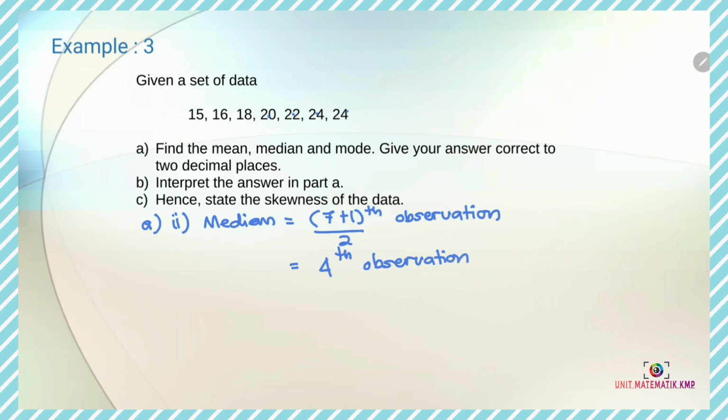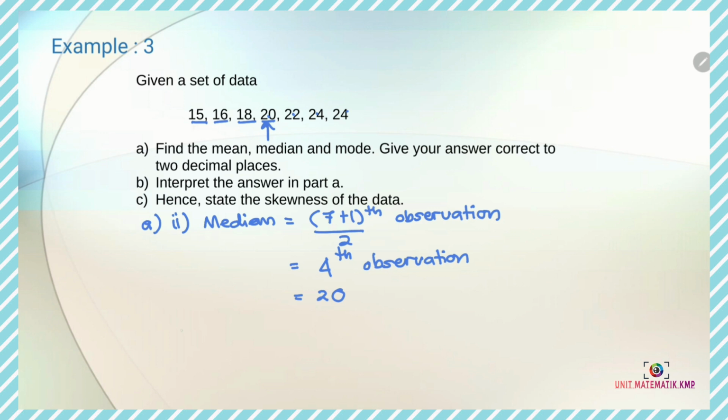And the median is at the 4th observation. And the data given is already arranged in the ascending orders. 1, 2, 3, and 4. So the median here is 20.